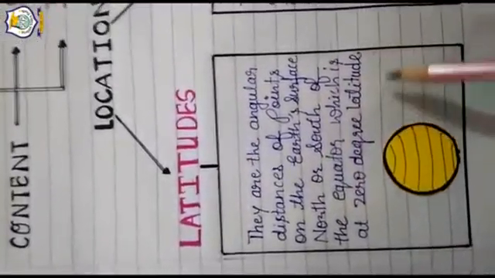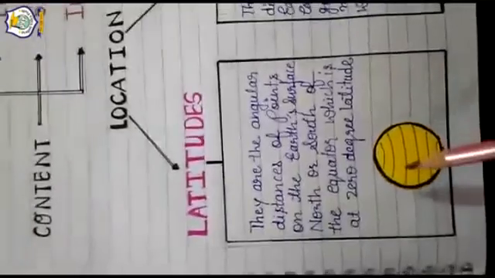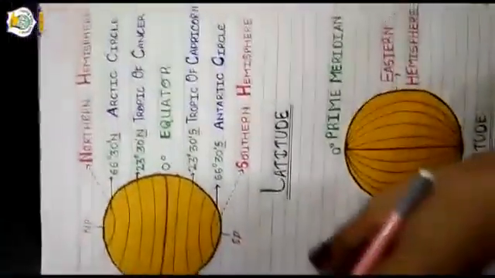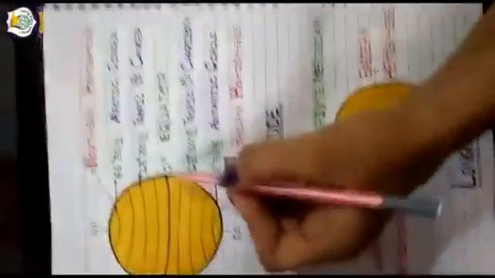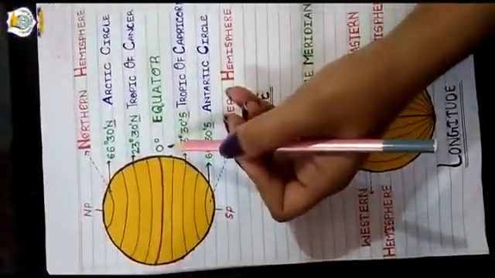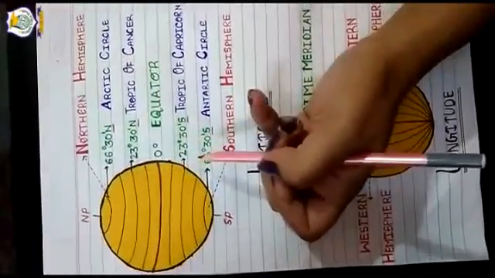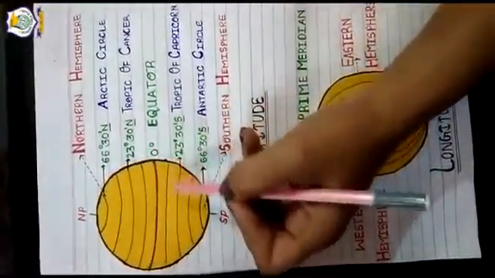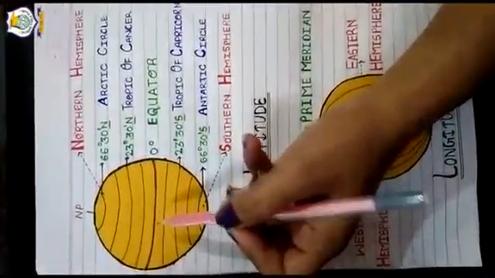This I will explain through the diagram. This is one imaginary line, the equator, which divides the earth into equal halves or hemispheres, running exactly at the center of the earth. India is located in the upper part, that is the northern hemisphere.